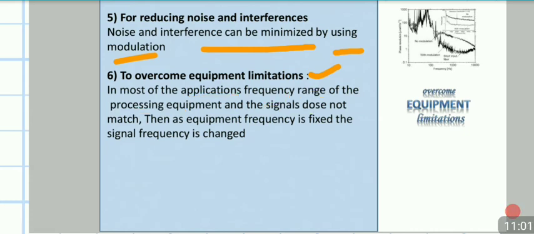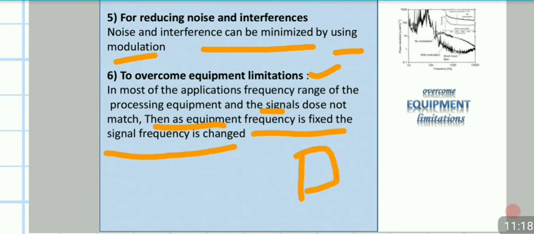When they do not match, then what happens? As the equipment frequency is fixed, the signal frequency is to be changed.